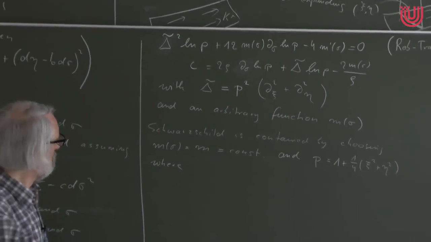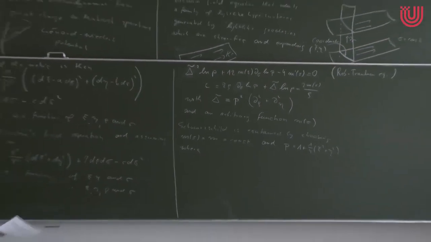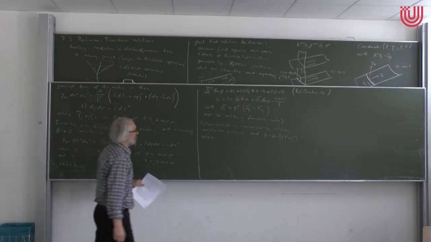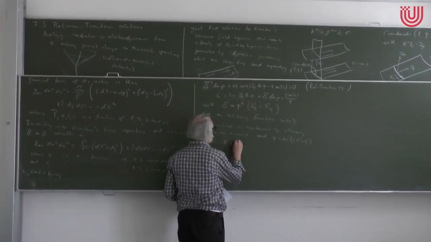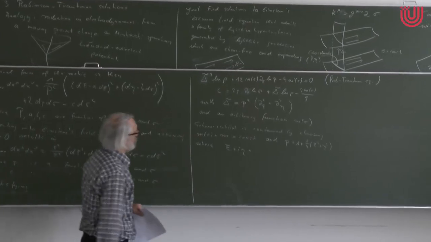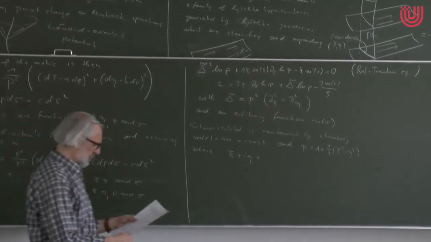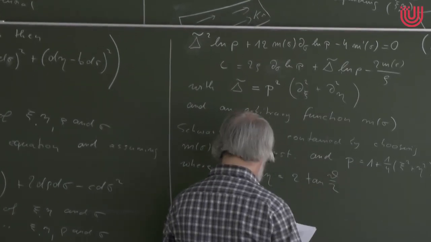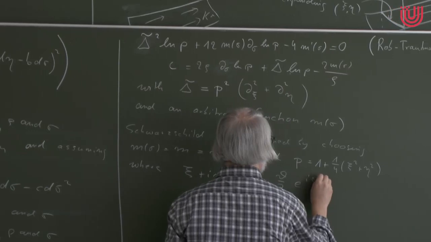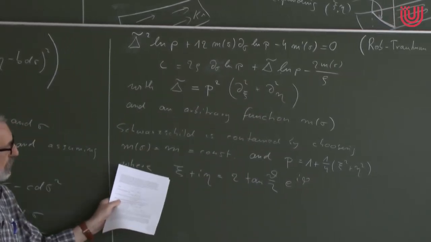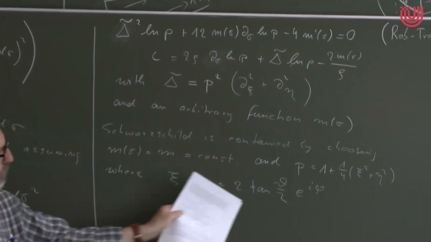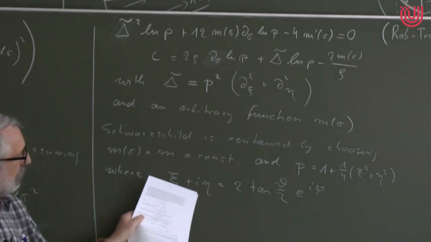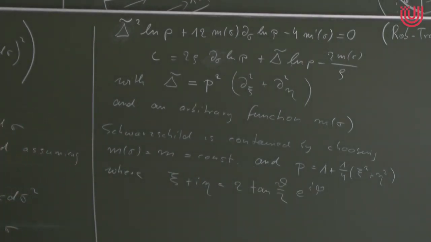If you want to have coordinates on the sphere, you do a stereographic projection backwards, and the most convenient way of writing this is to combine them into a complex coordinate. Then you have 2 times the tangent of theta half, e to the i phi. If you take the real part of this, then you get the psi. It comes with cosine of phi, and the imaginary part gives you the eta in terms of sine of phi, and this is precisely the form for the stereographic projection.